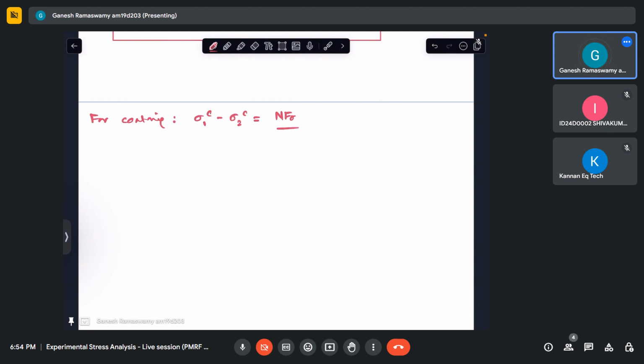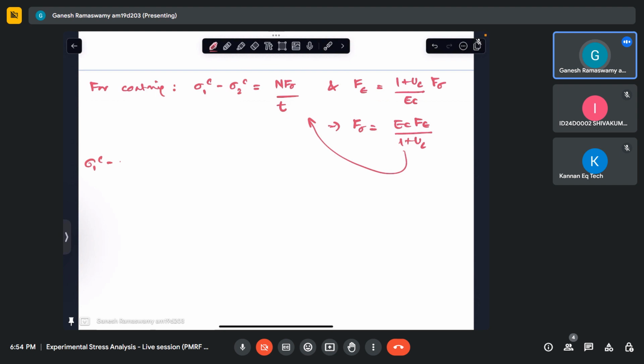F sigma is Ec f epsilon upon 1 plus mu c. This I substituted here. So I get sigma 1c minus sigma 2c is n Ec f epsilon by t into (1 plus mu c).